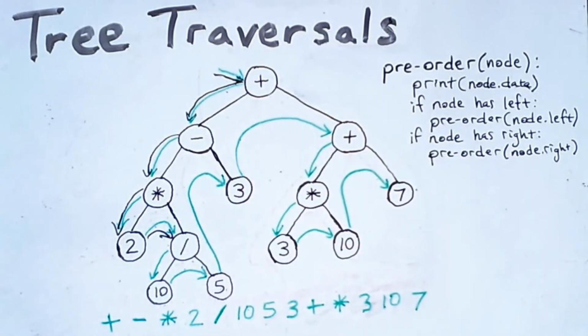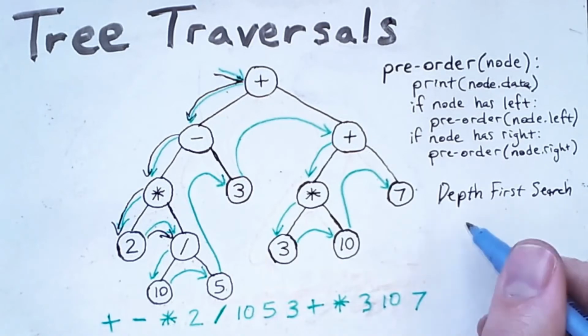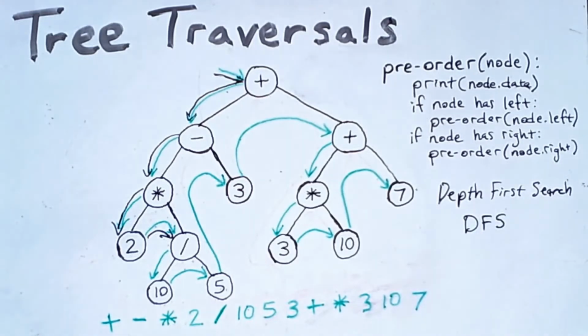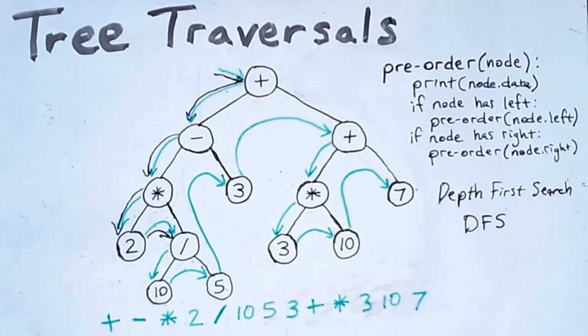That would be an example of something called depth-first search, often abbreviated DFS. Now, strictly speaking, depth-first search doesn't care whether you always go to the left first. I could always go to the right first, and as long as I had this general approach of visiting the node data before then doing recursive calls on all possible children, that would be an example of depth-first search.